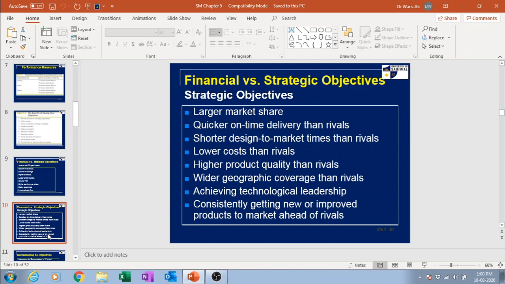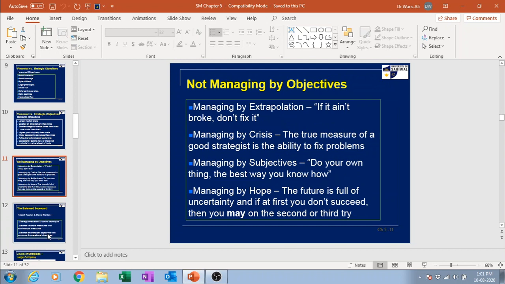Sometimes you can define your objectives in monetary terms, and sometimes in a strategic way, but it entirely depends upon you how you do it.